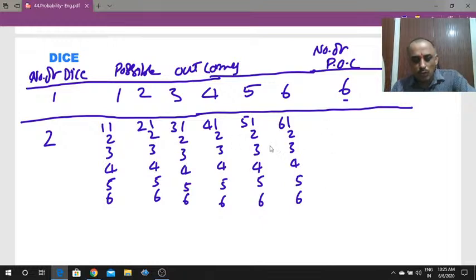So if a person throws two dice, how many possible outcomes are there? 36 possible outcomes.